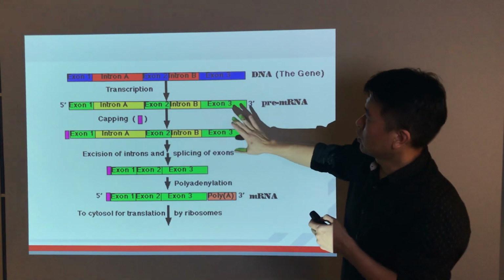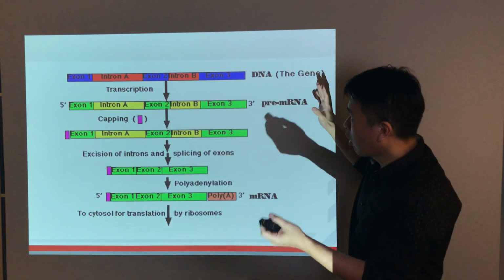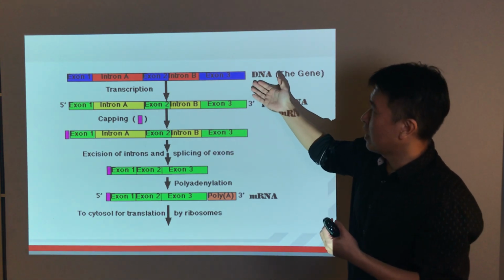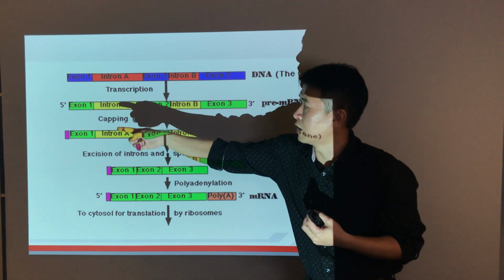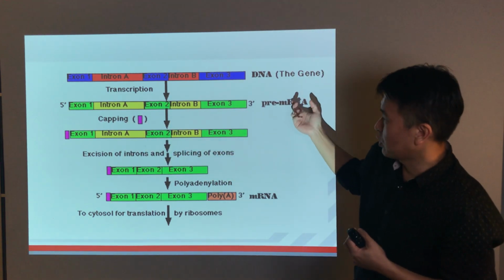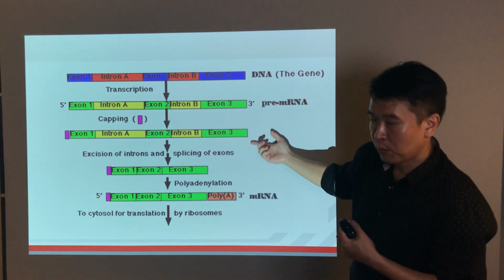Let's move on. This is the common condition in the nucleus, where we have DNA that undergoes transcription. You produce the exon, intron, exon, intron, exon. This is the pre-mRNA, and this is also pre-mRNA.